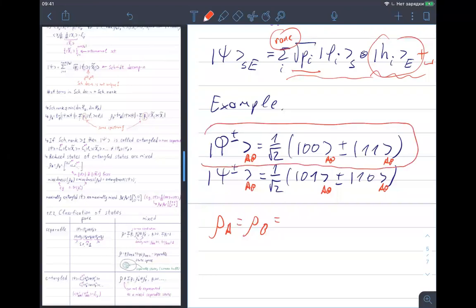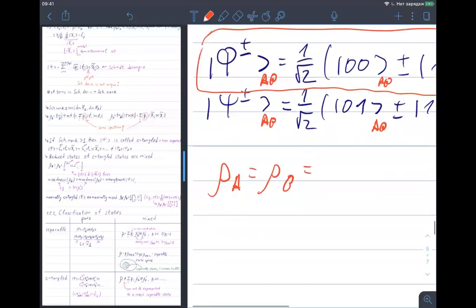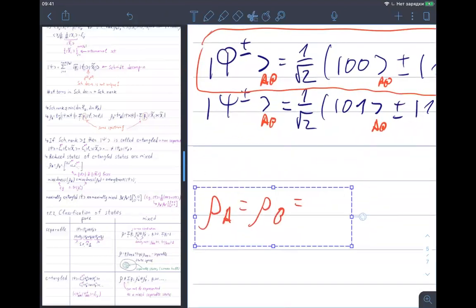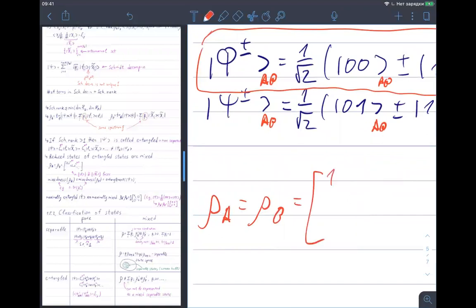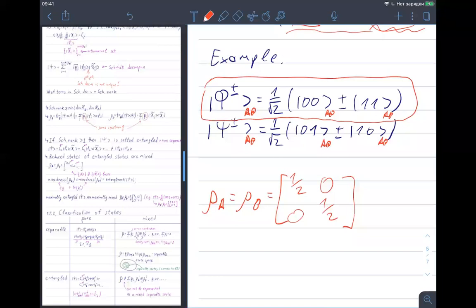What will be the reduced state of A and B? What do you think? Okay, so it will be your home exercise. I will add it in the self-check assignment. It will be just a diagonal matrix, and it can be easily checked.